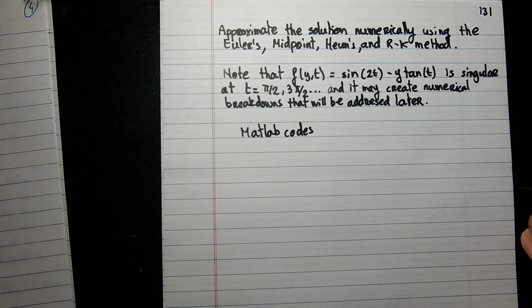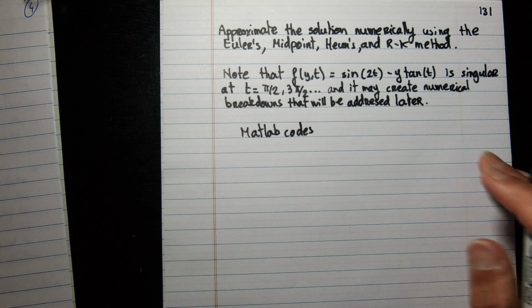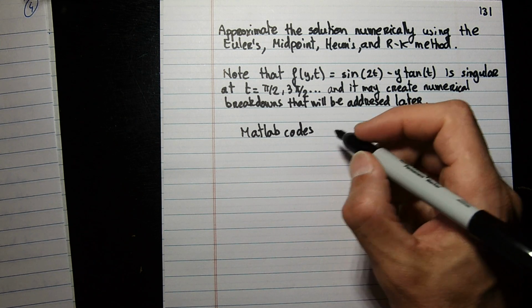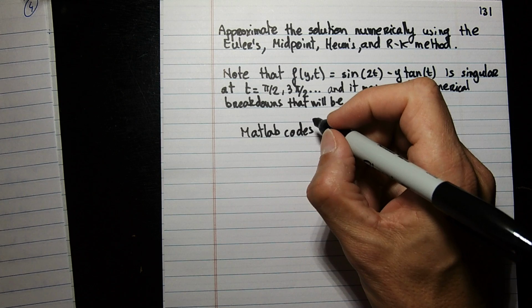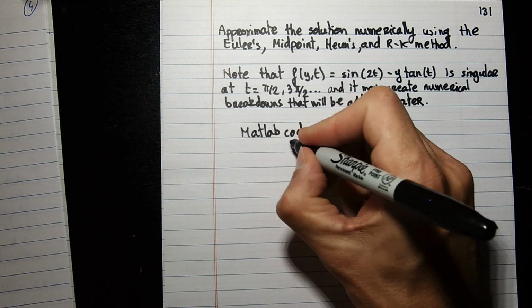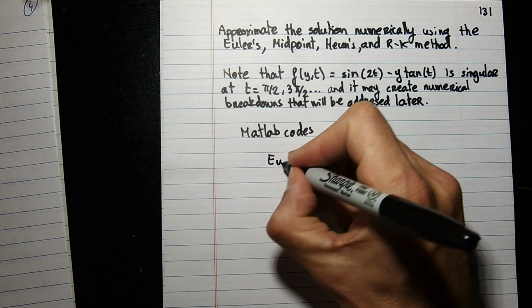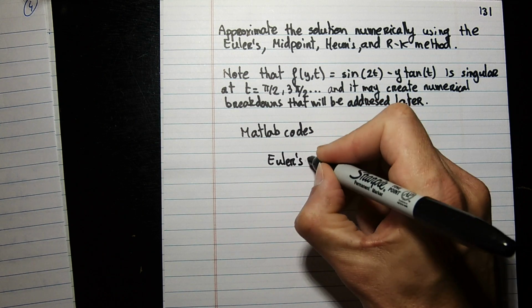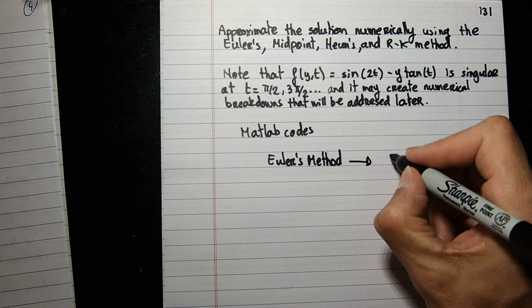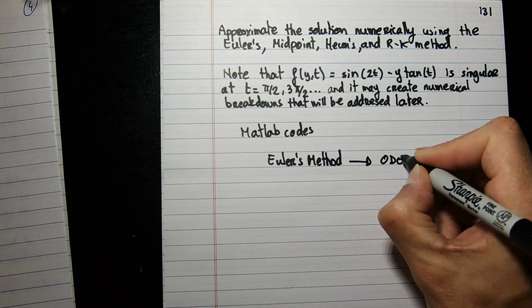For that I'm probably going to have to shut this video and create another video because I cannot record whatever I'm doing on the screen. But basically I give you a quick summary here. You have some MATLAB codes. For the Euler method, the name of the function would be ODE1.